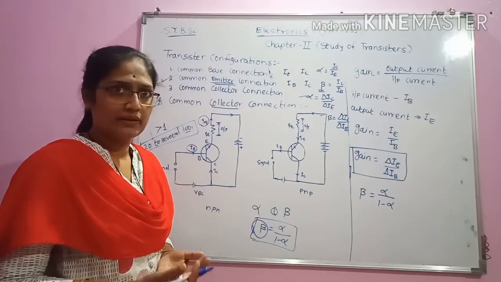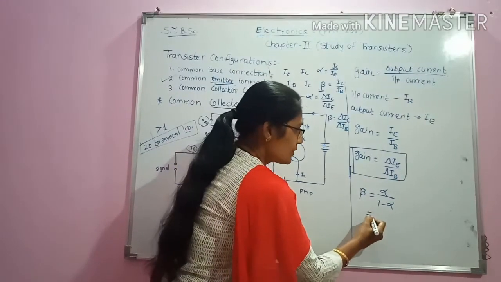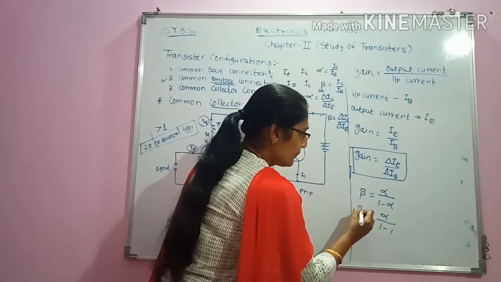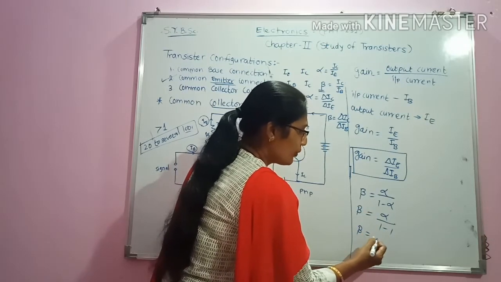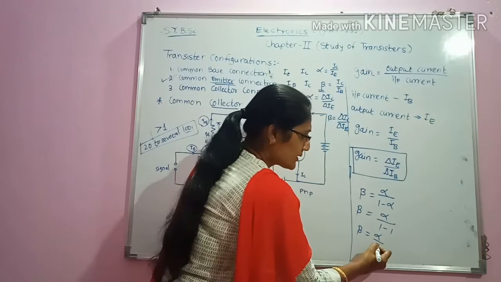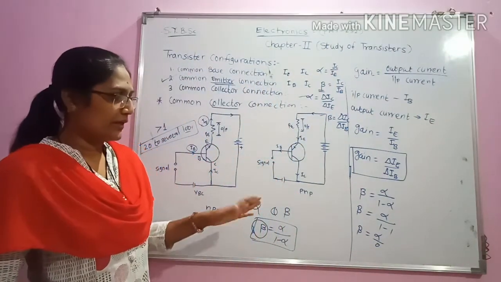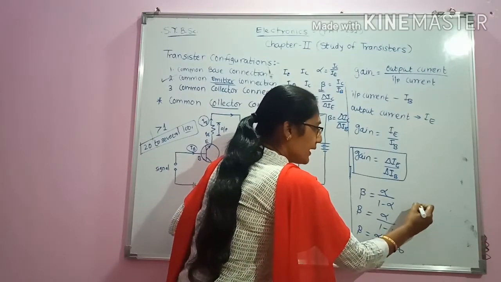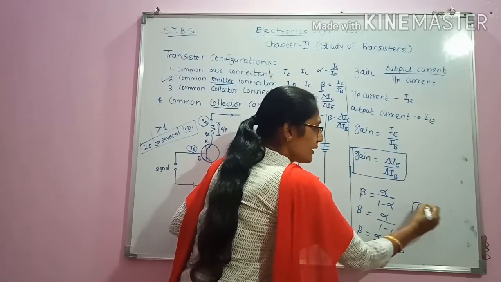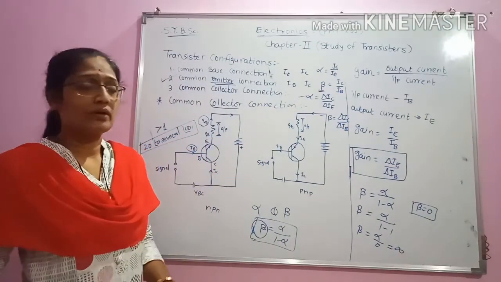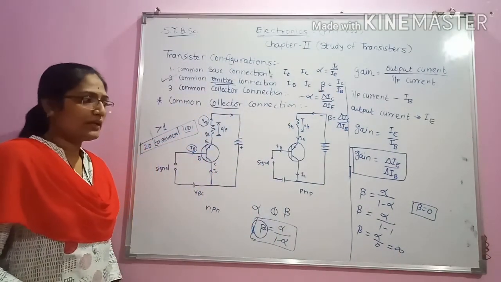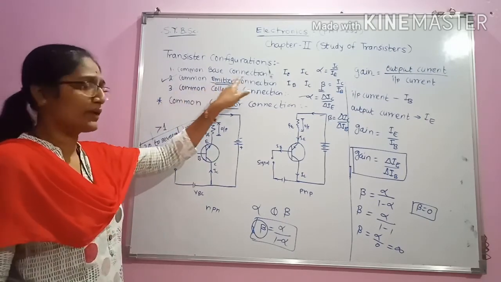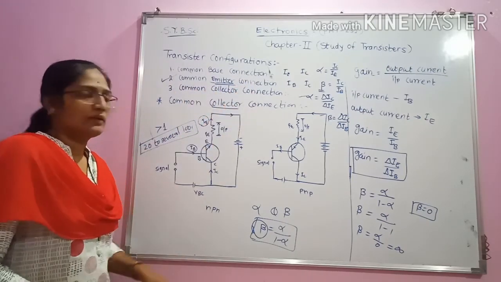It will not be greater than 1, and hence if we substitute this value of alpha as 1, then beta value becomes alpha divided by 0, and we know that anything upon 0 is equal to infinity. That is, gain becomes infinite in case of common emitter connection, and hence in case of most of the circuits we prefer common emitter connection. Thank you.